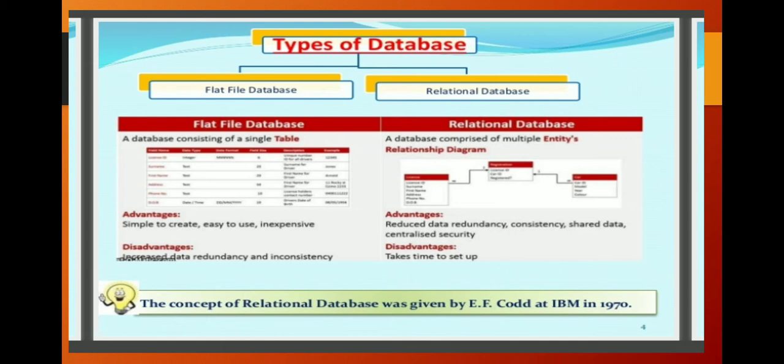Relational database. A relational database links separate tables together to get a common piece of information. In a relational database, we can link different tables together to get a particular piece of information.